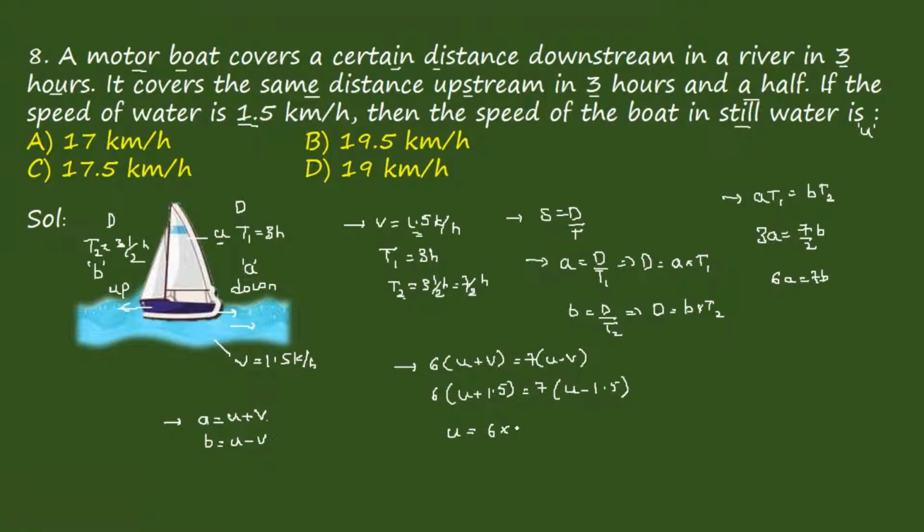Which is equal to 13 into 1.5, right? When you substitute the value, it becomes 19.5. U value is 19.5 kilometers per hour. So the speed of the boat, which we are finding, is U, equal to 19.5 kilometers per hour. So answer is option B.